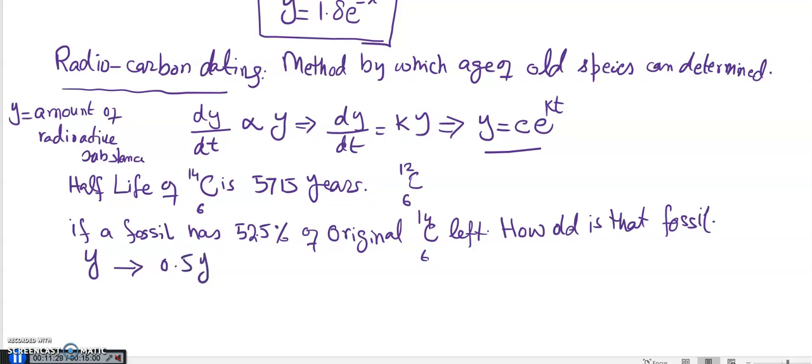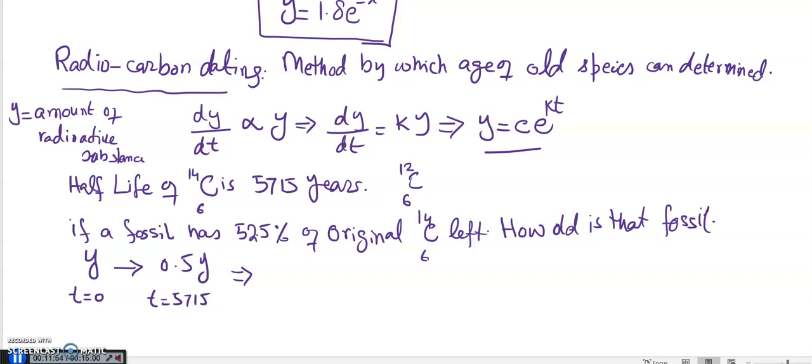Okay, so from this information, if you put it into this equation: the value of Y was at what time? At time 0. The value of Y was at time 0, and the value of 0.5Y will be at time equal to 5715 years.